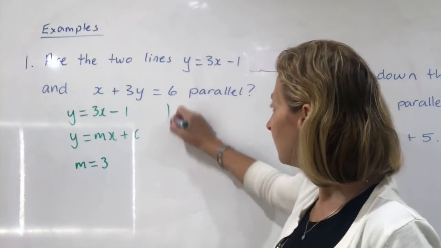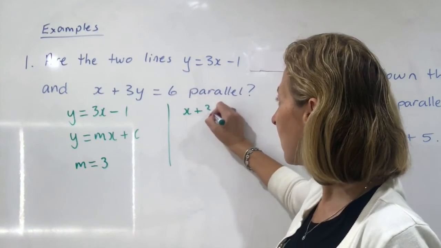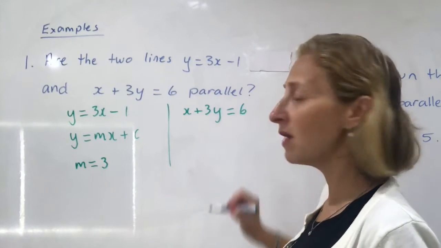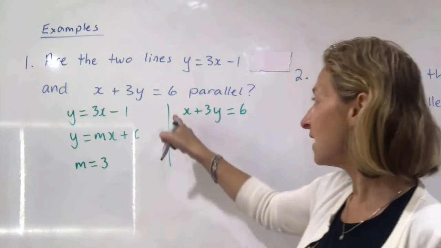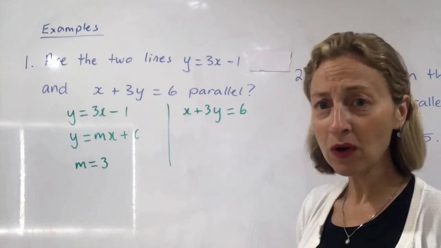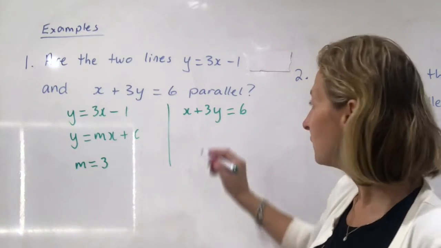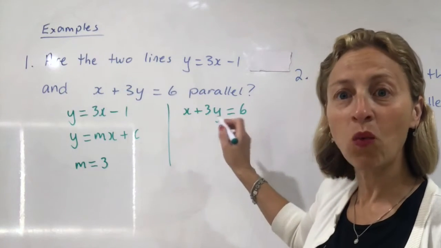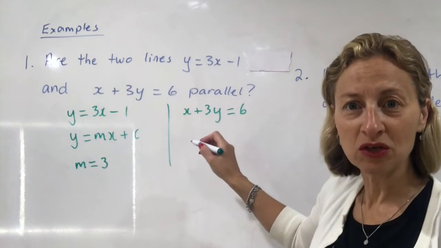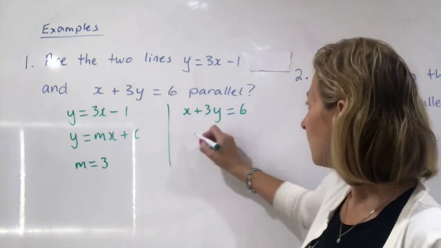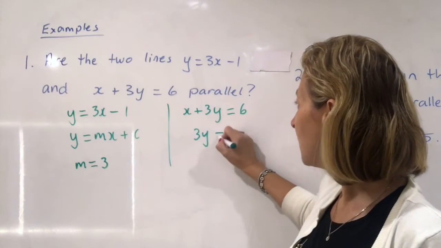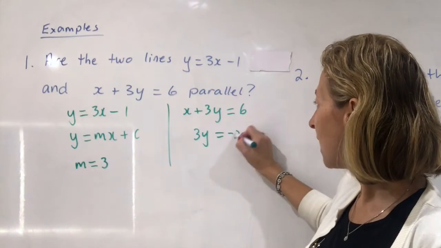Our other line is x plus 3y equals 6. Of course, that's not in the right form. We can't just look at the number in front of the x and say that the gradient of that is 1. We're not allowed to do that. Don't forget that. It's a very common mistake. The first thing we have to do is to rearrange it and make y the subject, or in layman's terms, make y equals. I'm going to move the x to the other side, and that's going to become minus x.